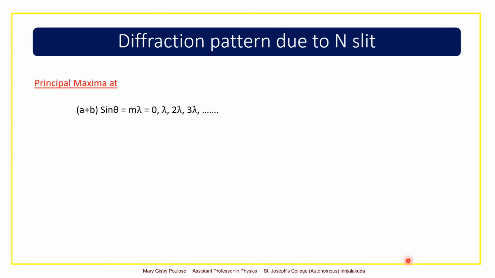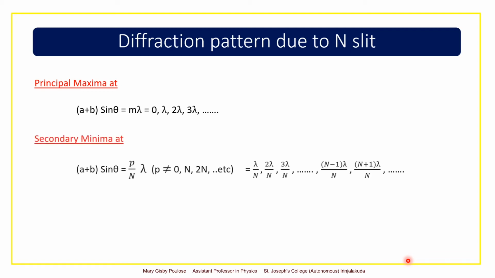So finally, we get the principal maxima points at (a plus b) sine theta equal to m lambda. Giving values for m, we have (a plus b) sine theta equal to 0, lambda, 2 lambda, 3 lambda, etc. And the secondary minima points are seen where (a plus b) sine theta is equal to p by N lambda, where p cannot have values 0, N, 2N, 3N, etc. That is, (a plus b) sine theta will be equal to lambda by N, the first value, right, for p equal to 1.